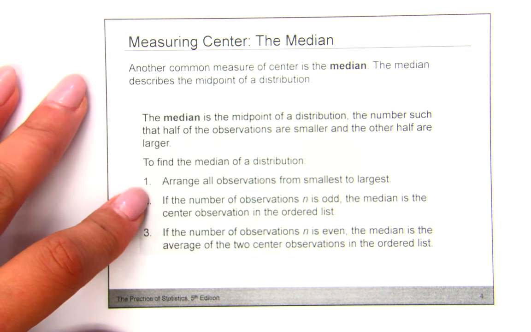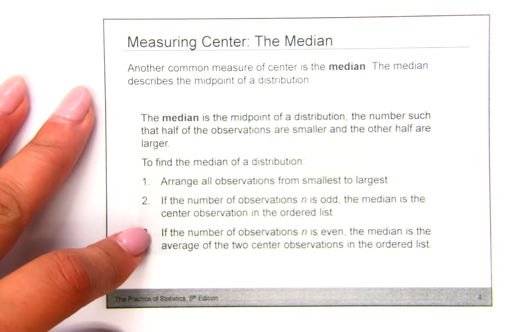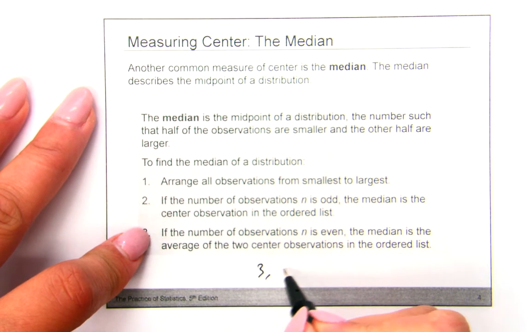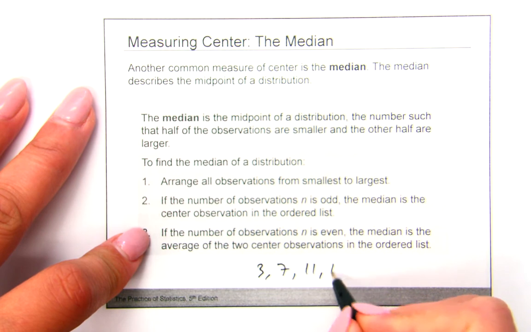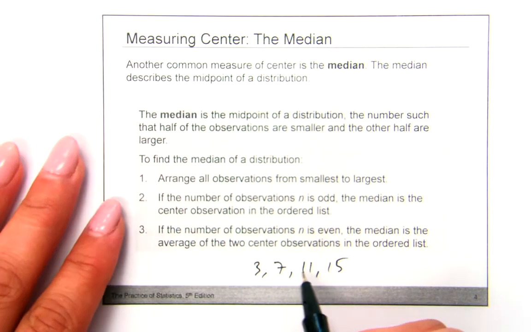To find the median, you put all your observations from smallest to largest. If the number is odd, say you have 15 data points, it's really easy to find the number in the middle. But if you have an even number of data points, let's say you have 3, 7, 11, 15, then you go in between.